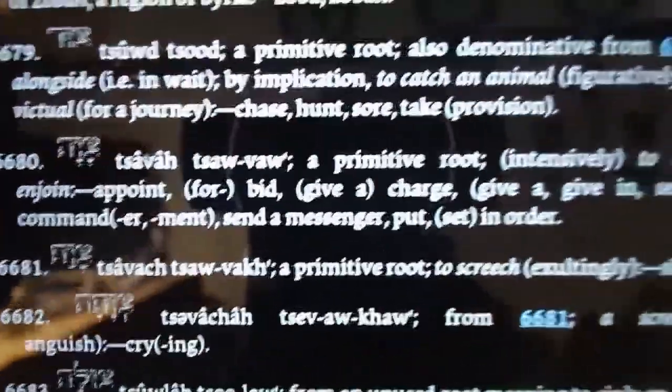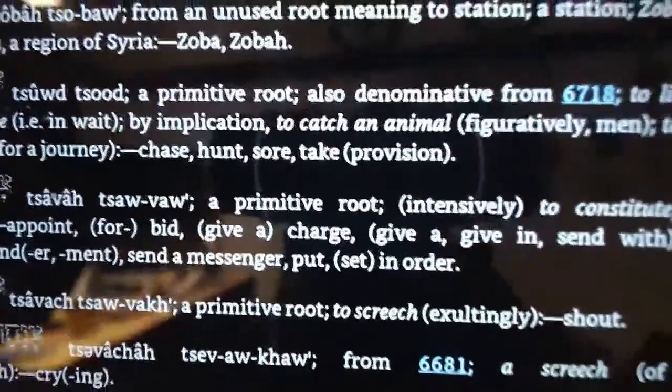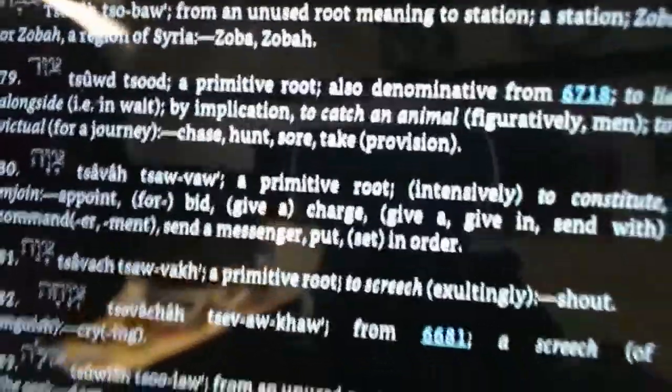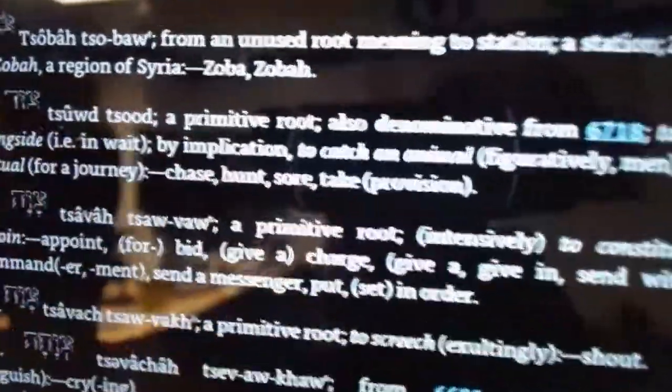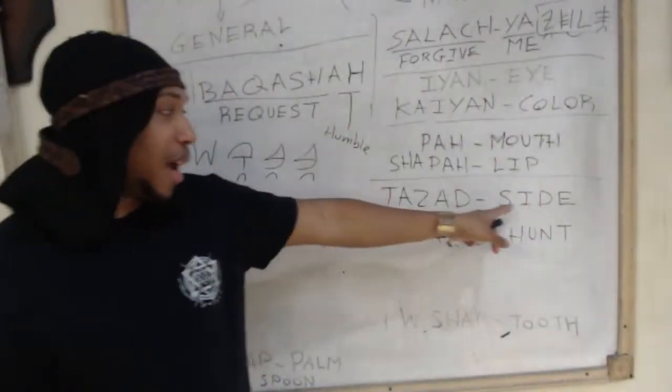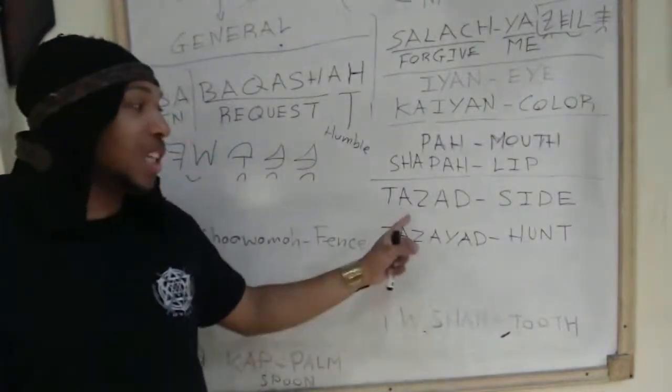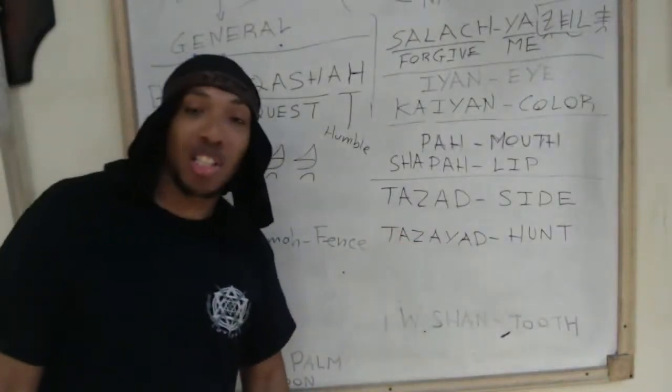Tazawad, a primitive root, also denominative from 6718, to lie alongside. So Tazawad is to say lying. You got side, and if you're on your side, you're lying on your side. Tazawad is like lying down on your side.